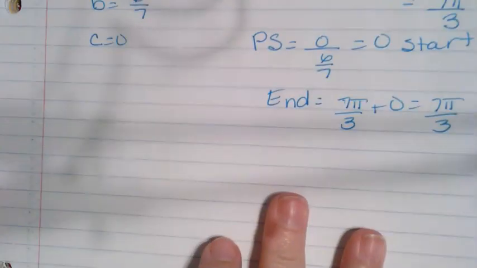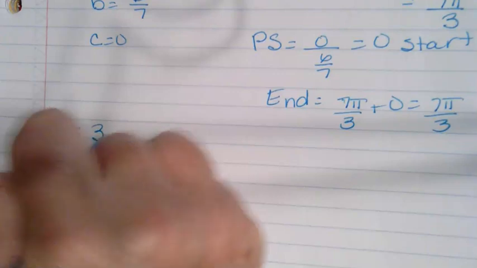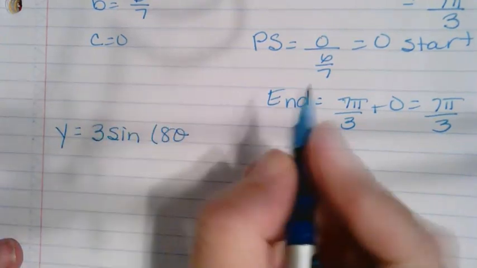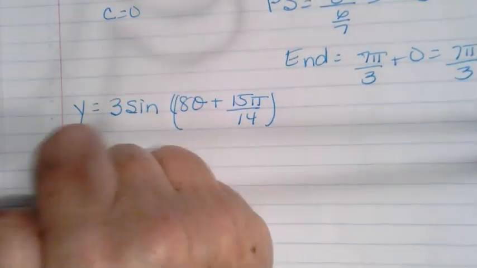Okay. Let's do the other one. Y equals 3 sine 8 theta plus 15 pi over 14. Okay. Amplitude is 3.